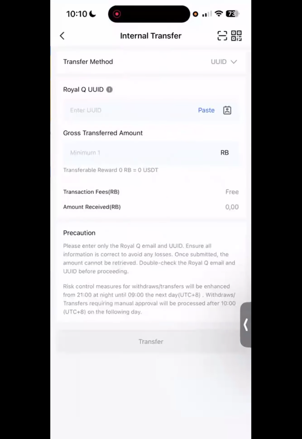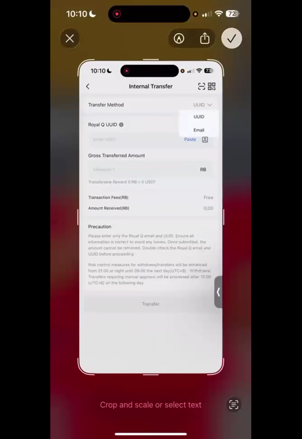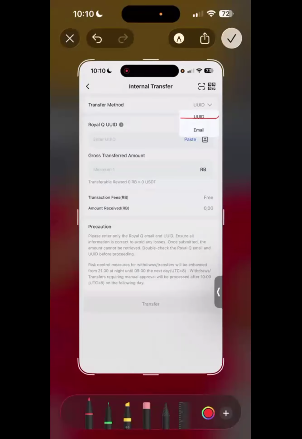Transfer. If you want to transfer money to someone who is using another RoyalQ app, you use the transfer button. Now, during transferring, there are two methods you can use. You can either use the person's UUID or the person's email address.